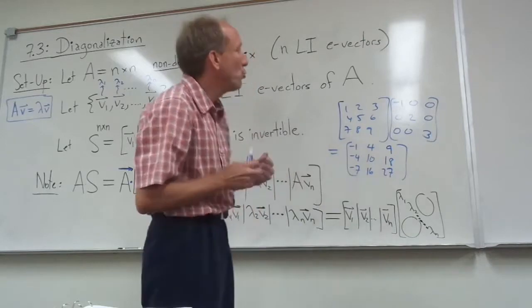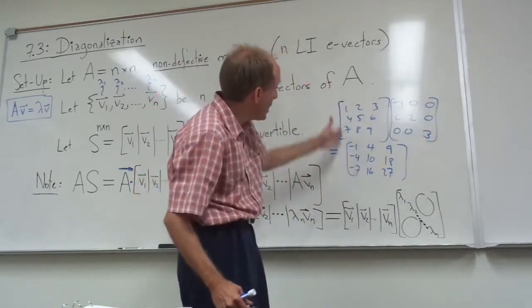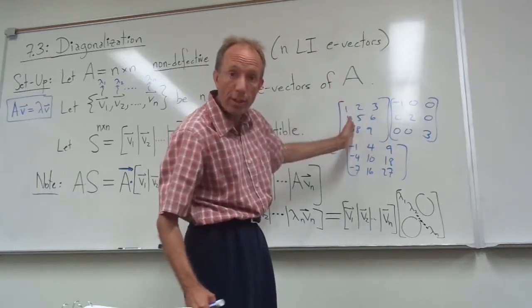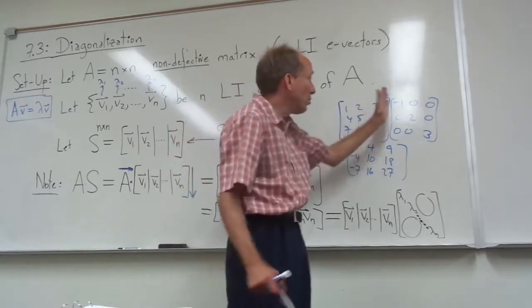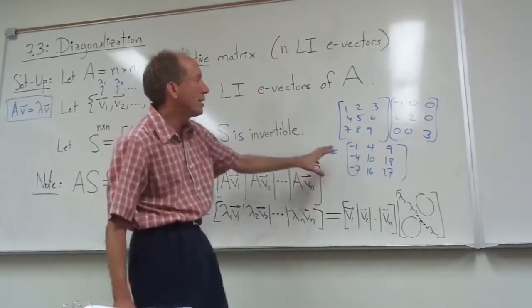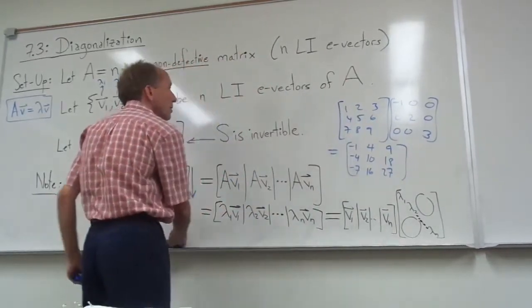When you right multiply by a diagonal matrix, what essentially happens is that the columns of the matrix on the left get scale multiplied by those corresponding diagonal entries. This example illustrates that.